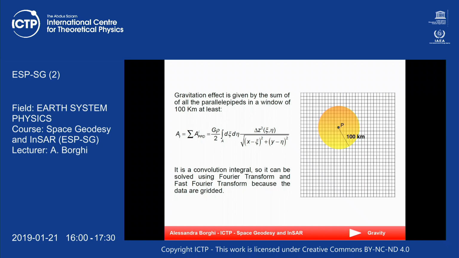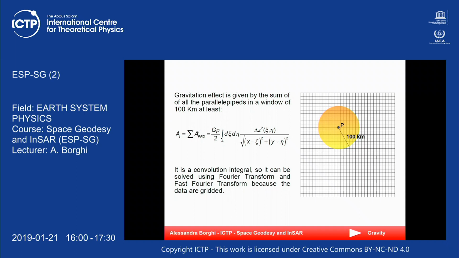But while the effect depends on the square of the inverse of the distance, a point in the south of Italy is so far from Trieste that we can neglect the effect of Etna. It's a volcano, a big mountain in the south of Italy. We can neglect it when we compute the terrain correction for a point in Trieste.